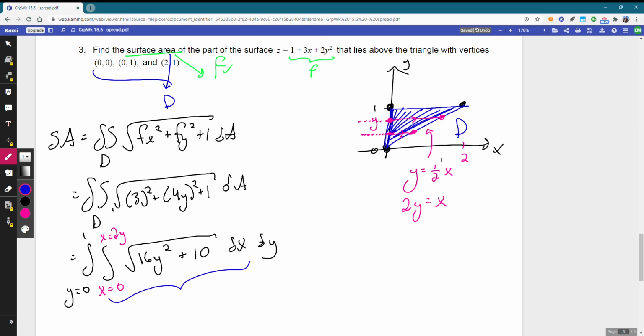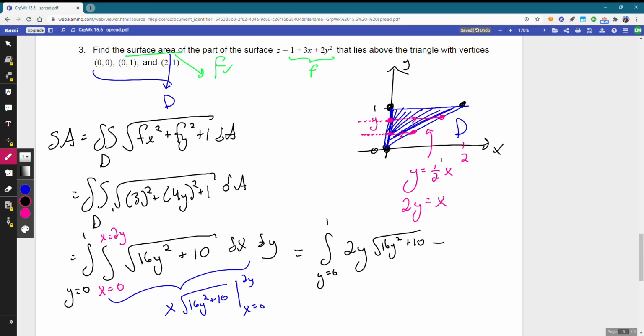Let's start integrating. All right, our function is just a constant with respect to x, so integrating there, we'll just multiply it by x. And evaluate from x equals 0 to 2y. When we plug in 2y, we'll get 2y times our square root.